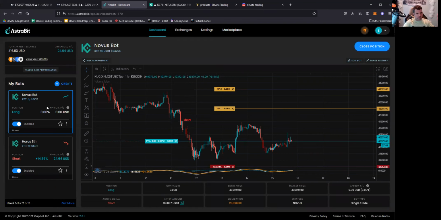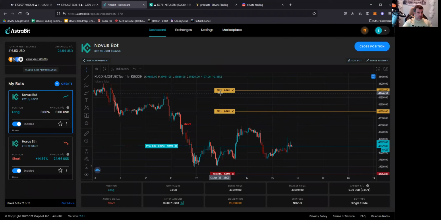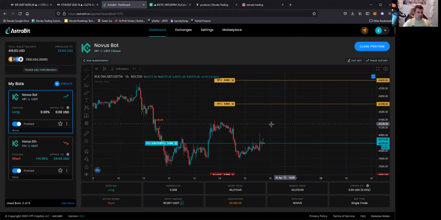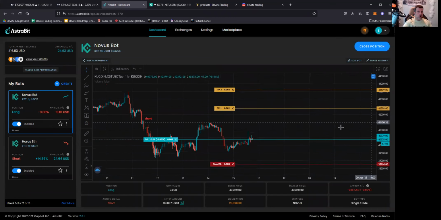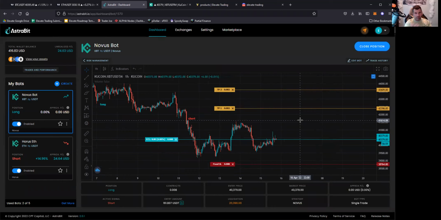Whenever it moves up and down, this will reflect. If you'll also notice, the target points and my stop loss that I had set before I opened my position, or that the bot automatically opened for me, are now automatically on the chart.